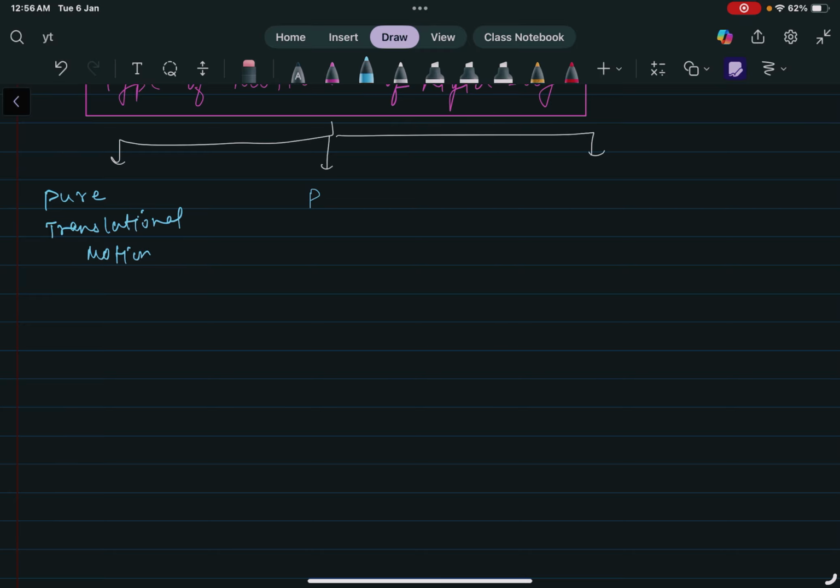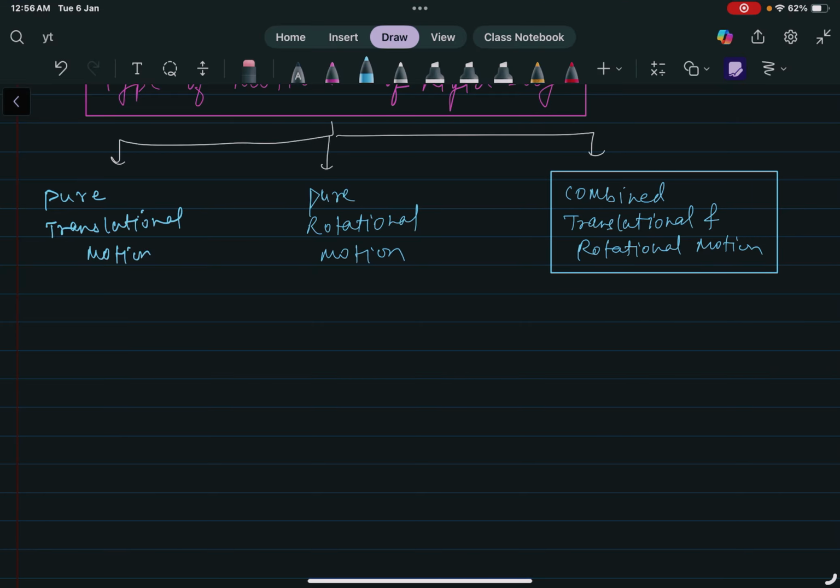Second is pure rotational motion, and third is combined translational and rotational motion. These are the most important topics, and the last part is a little bit different in concept from the first and second.